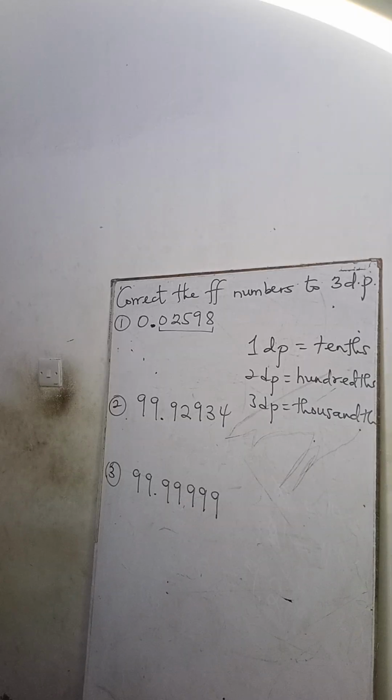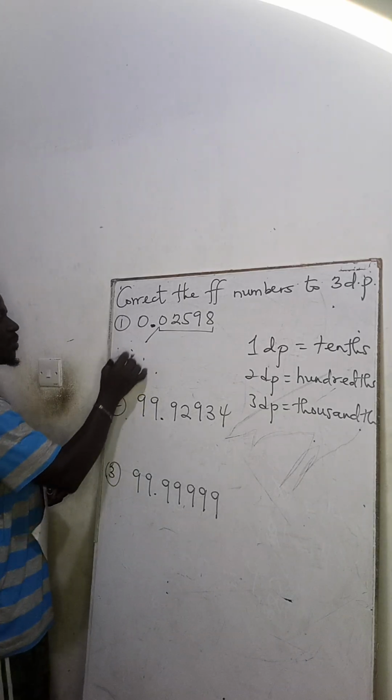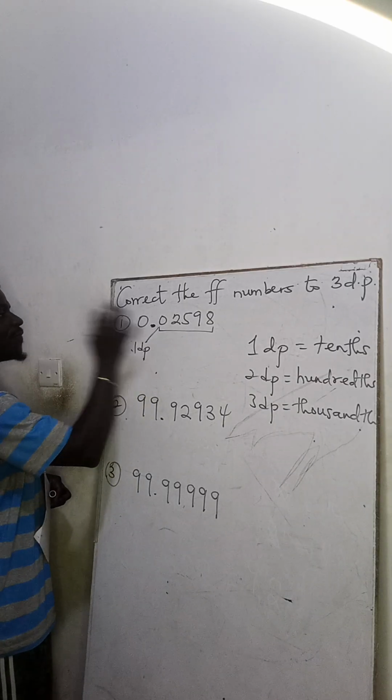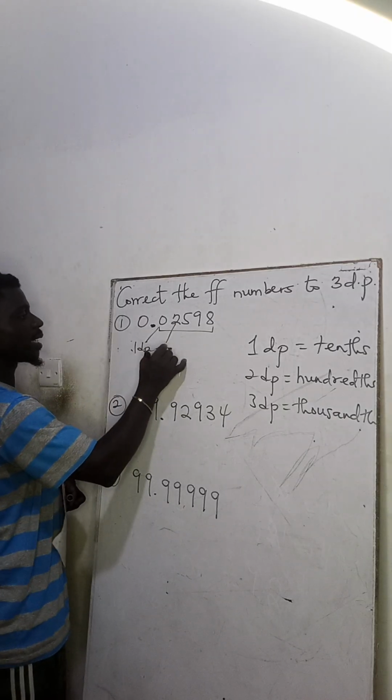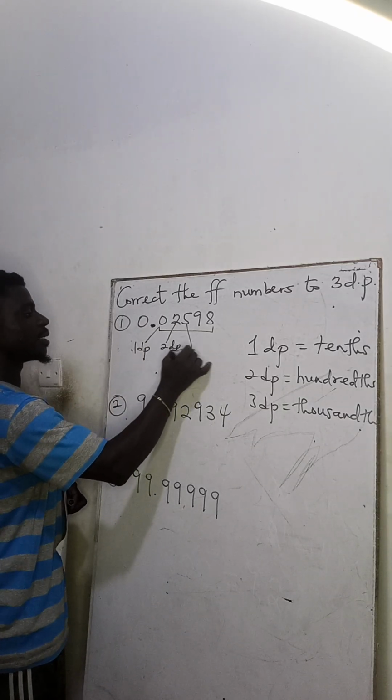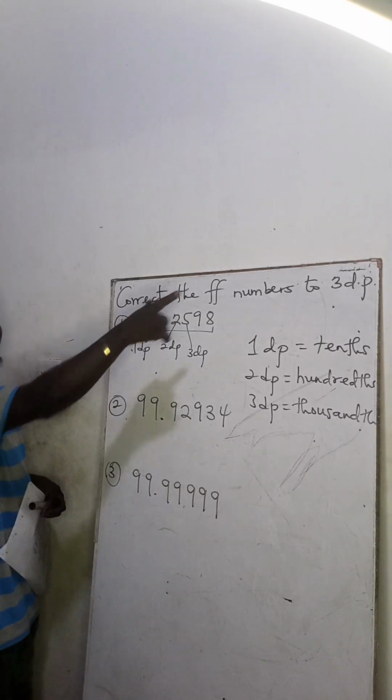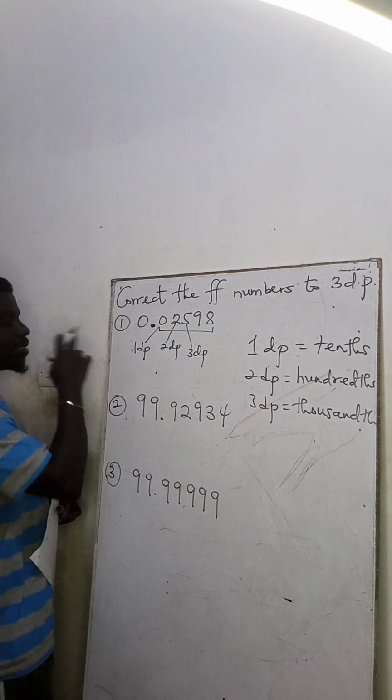So the first number you see after the decimal point is our first decimal place, the second decimal place, then this is the third decimal place. We are correcting that to 3 decimal places.